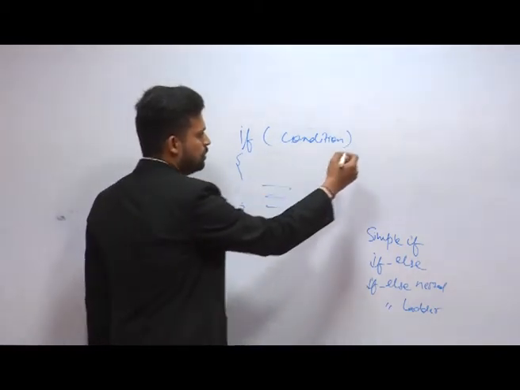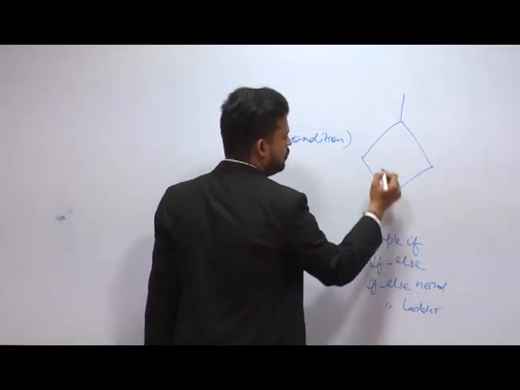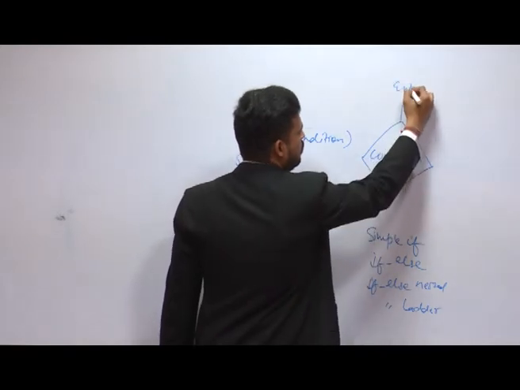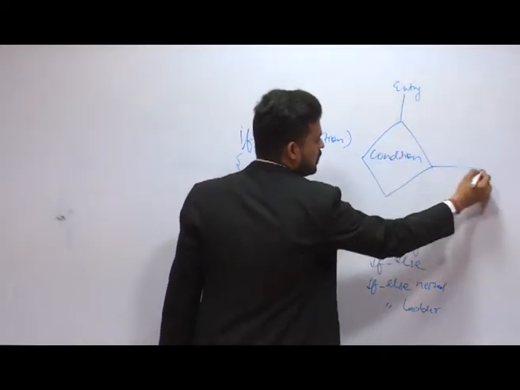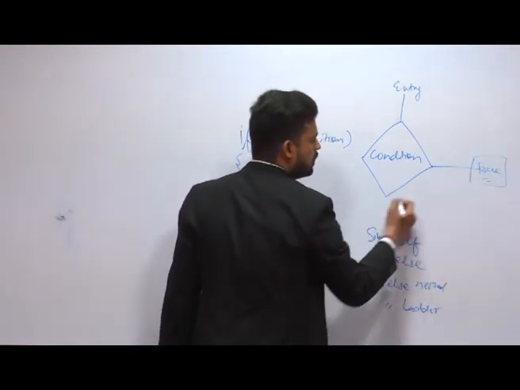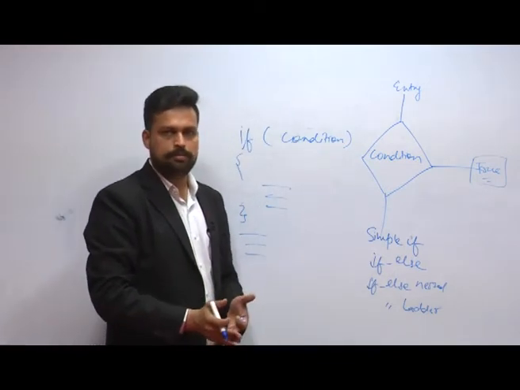The flowchart is like this. I am using a diamond shape to denote the condition. It is the entry part, and if this condition is true, we will execute these statements, otherwise we will follow the remaining statements.